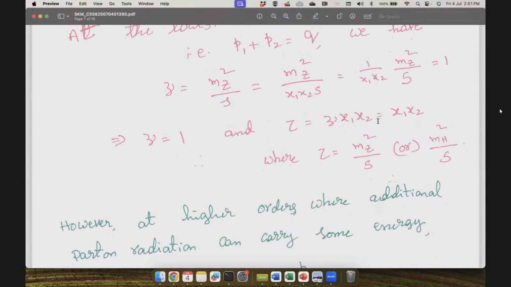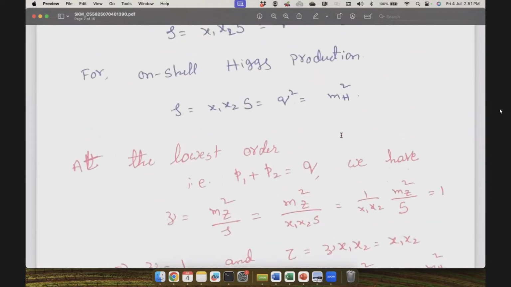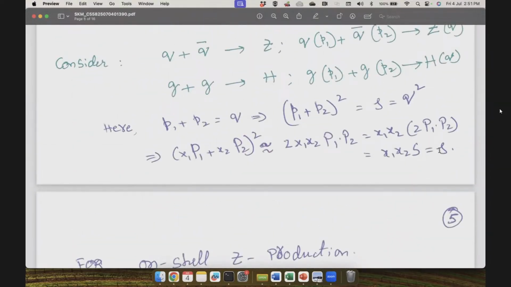For a given machine, meaning proton colliders like LHC or proton antiproton colliders like Tevatron, once the capital S is fixed and once your final state system is also fixed, whether it is mZ² or mH², automatically tau is fixed. What is not fixed is the center of mass energy at the parton level, that is small s.